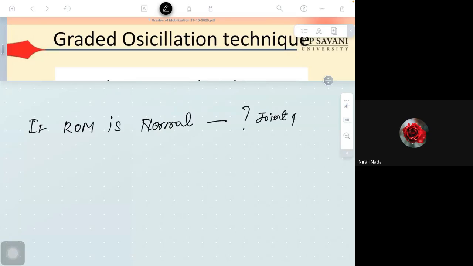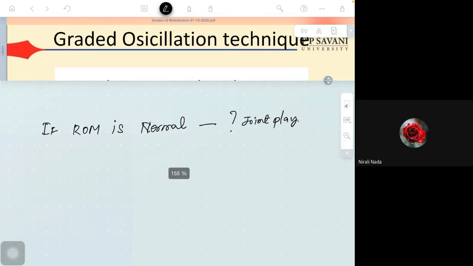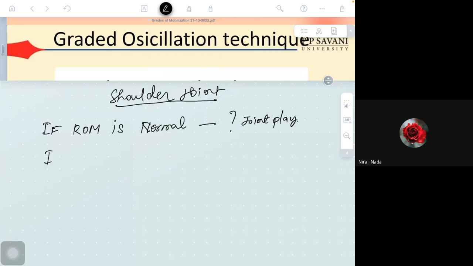Now I am asking you question. I'll give three examples. We will take example shoulder joint. First case is if range of motion is normal, that is what is normal? Normal is 180-degree shoulder abduction.